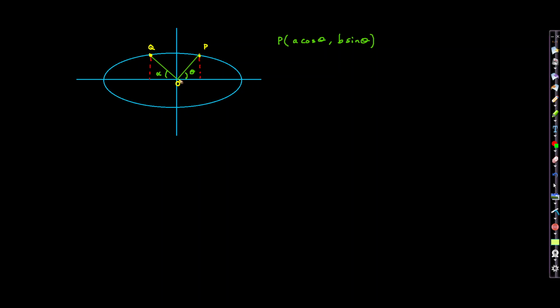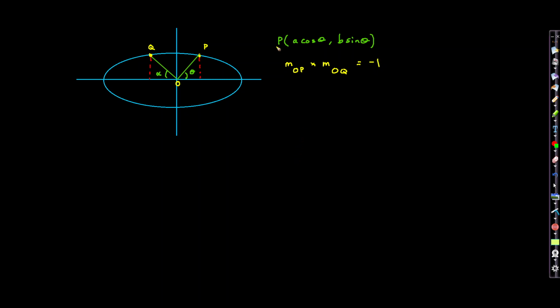Well, one of the things it means is that when you multiply the gradient of the line OP by the gradient of the line OQ, it would be equal to what? If they're at right angles to one another, and you're told in the question that they always are, that would be -1.